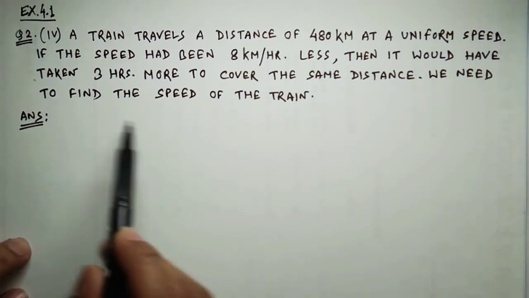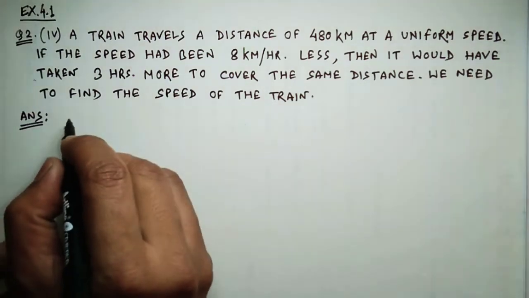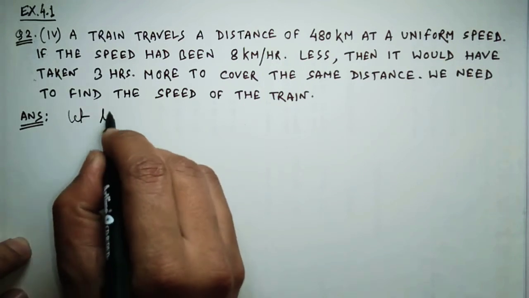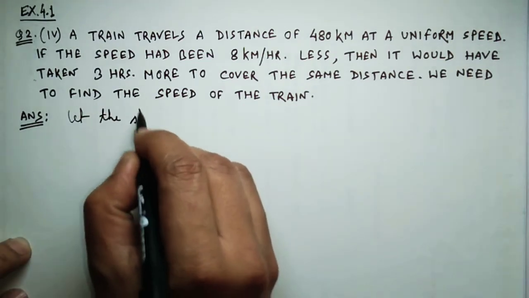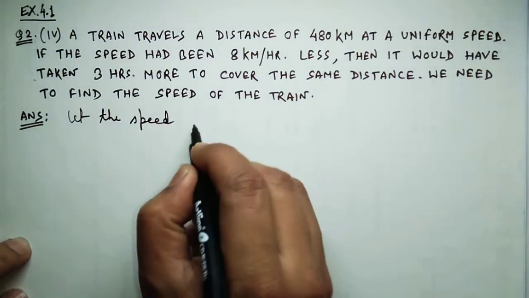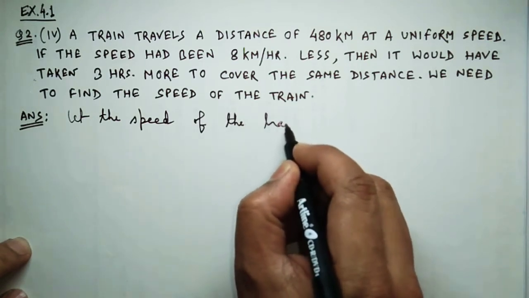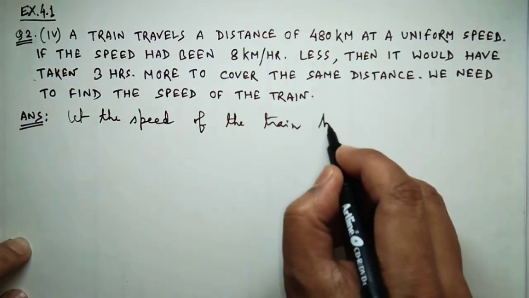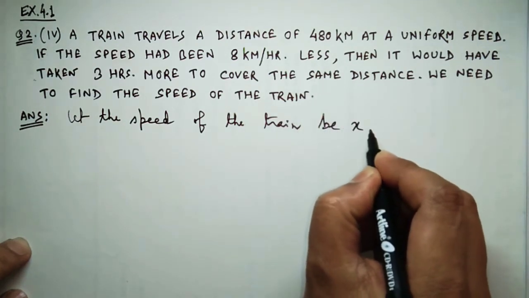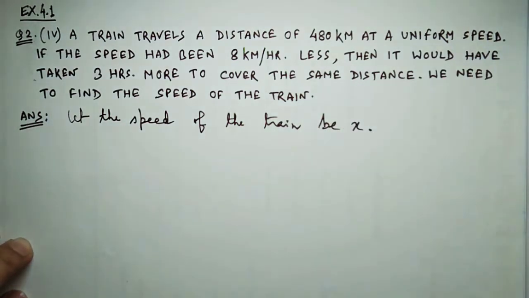Let us start from this particular line. Let the speed of the train be x. Remember, this is the actual or the original speed.